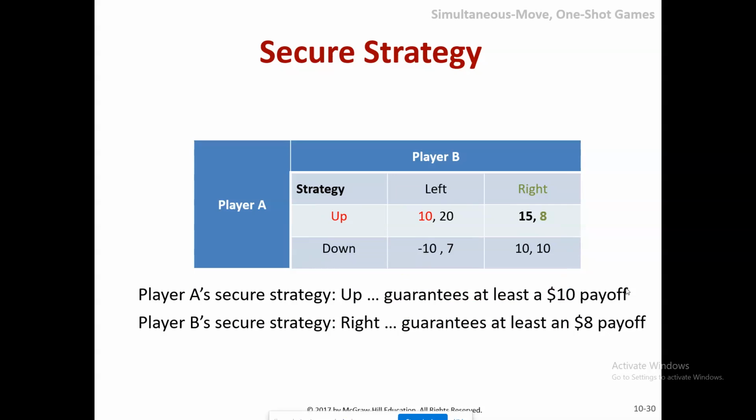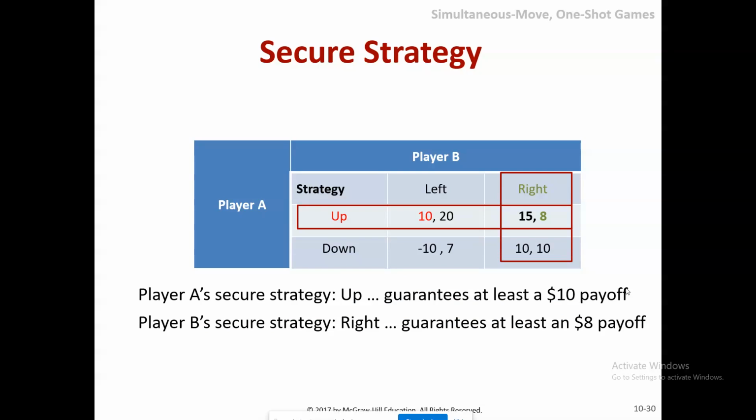Then the secure strategy for A will be up, which guarantees at least $10 of payoff if both A and B choose their secure strategy. The final payoff will be 15 for A and 8 for B.